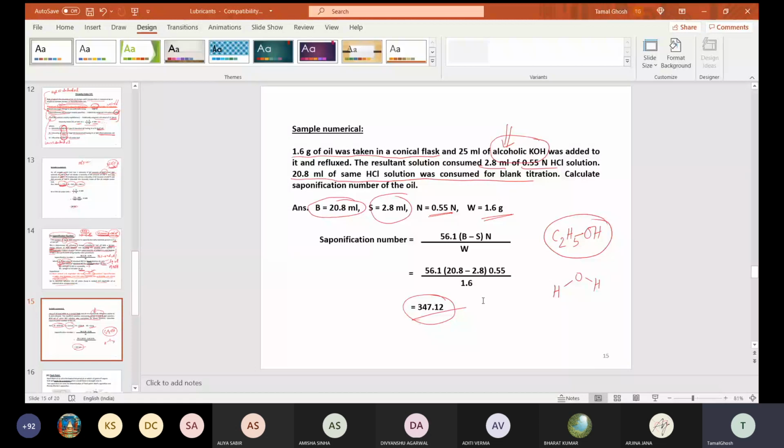So the elimination was taking place, or in some situations substitution also, where the bromide is present, so that will be substituted. Here we are considering basically alkaline hydrolysis taking place under this situation.